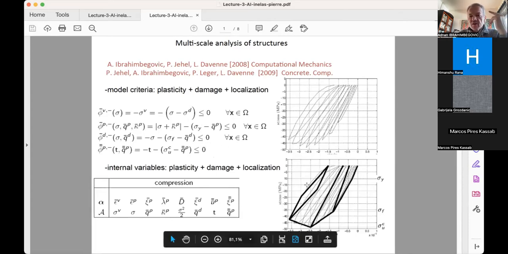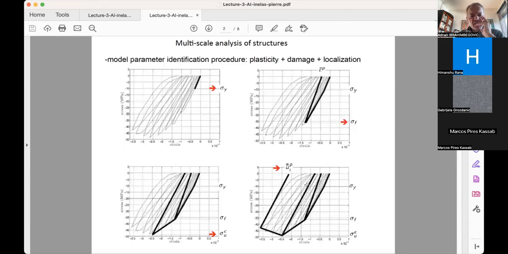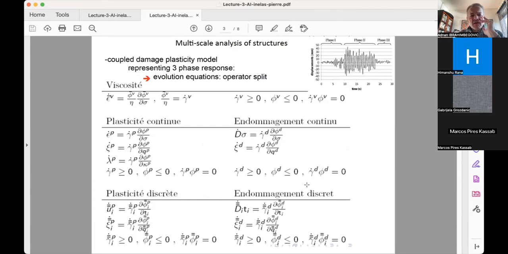Now, let's see what you can compute and how to compute that, given that the previous computation required a very elaborate iterative process, which is sometimes starting from a very large difference between what plasticity and damage give you. So the risk of not converging is quite significant. In order to eliminate this type of worry, we have worked out a little bit different approach. First of all, this is the type of problem we try to solve.